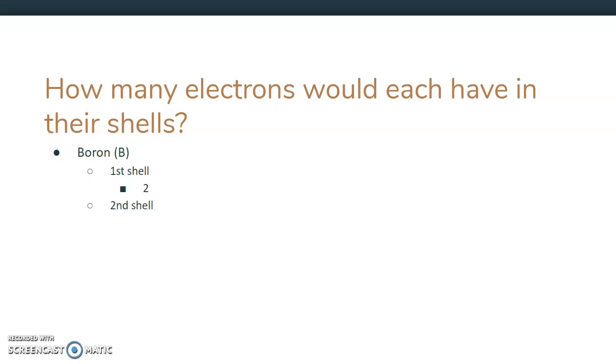And then in the second shell, we would have 3 electrons for a total of 5. Silicon's atomic number is 14. So its first shell would have 2, just like every first shell. Its second shell would have 8. And then I believe it is in group 14. So it would have 4.